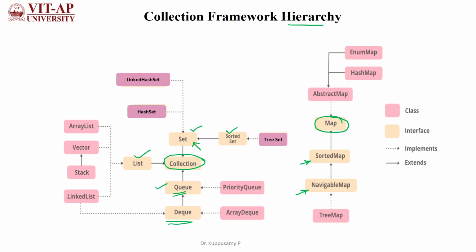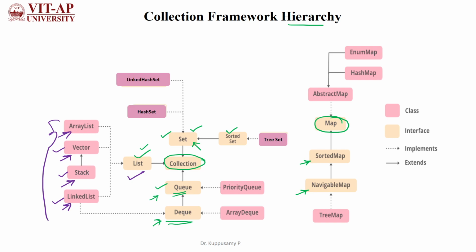And here we have the classes to implement the set interface, list interface, queue interface, deque interface, etc. So those classes are given here. The list interface can be implemented by using the linked list class, stack class, vector class, and array list class.